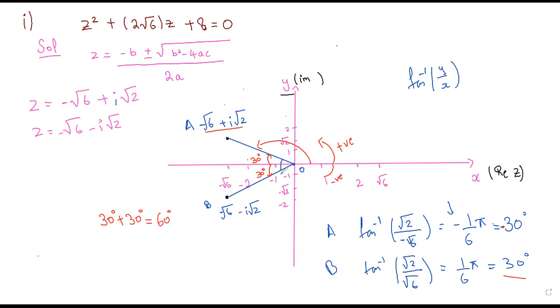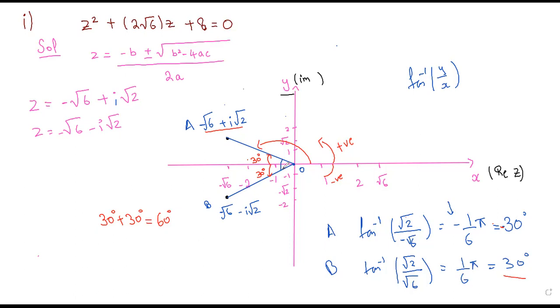But we always know that alpha is the angle between that line and our x-axis. So the same concept is being followed here as well. Are you okay with this? Yes, it's fine.